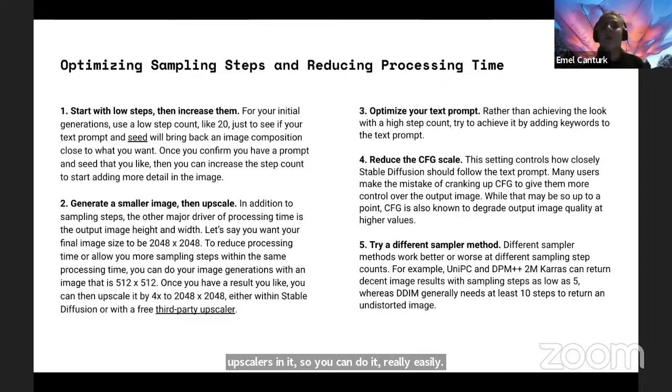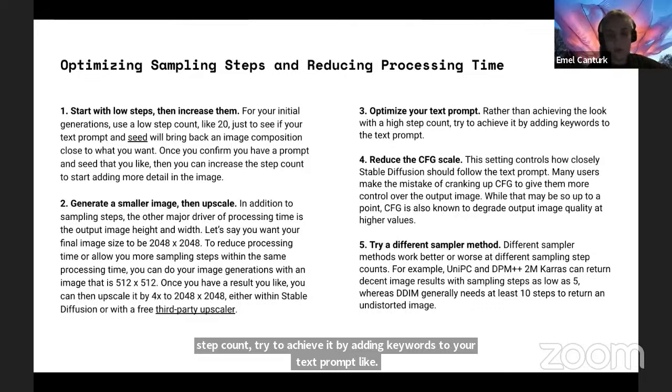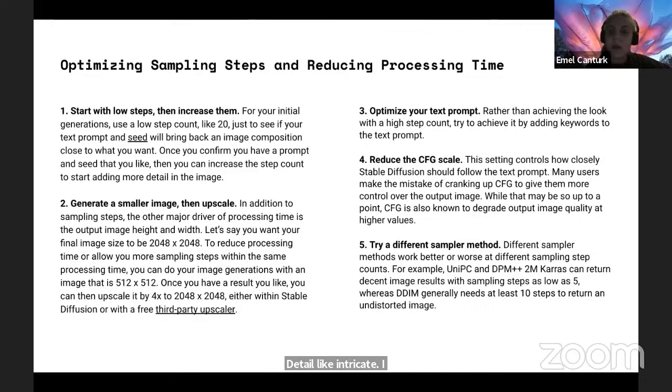Of course, rather than achieving the look with a high step count, try to achieve it by adding keywords to your text prompt, like detail, like intricate, such things. And reducing the CFG scale, it says. I'm not sure about that, so let's talk about CFG scale later.